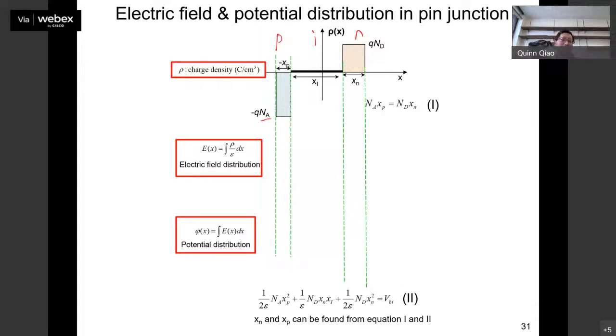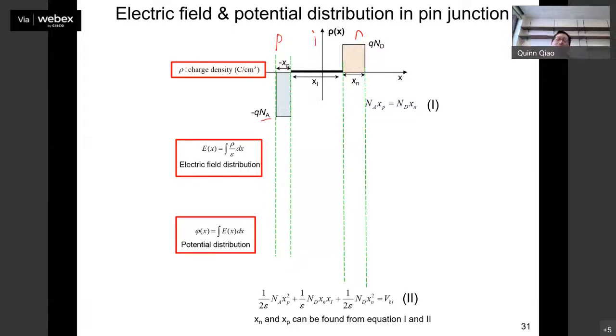So on the P side, since all the free positive charge is gone, initially they're neutral. Now only the negative ions stay. Who are the negative ions? That's the boron. The boron in silicon would be more like normalized, maybe silicon O2, but the total will be the same. The total will be the amount of this boron.